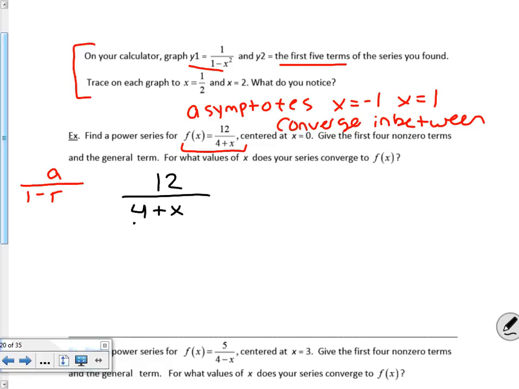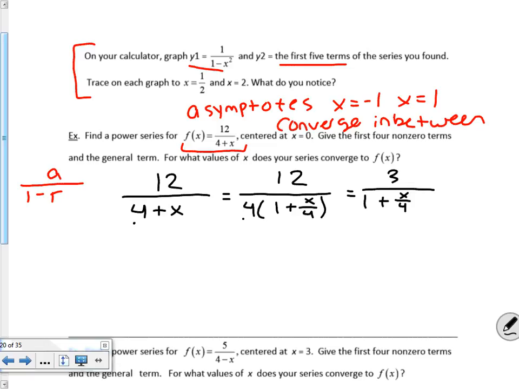When we think back to what we did for arcsine and arctangent when we were doing those integrals, we can take out the 4. We can factor it out. So if I factor out the 4, I'm left with 1 plus x divided by 4. Then I can divide the 4 and the 12. So I will get 3 divided by 1 plus x over 4.